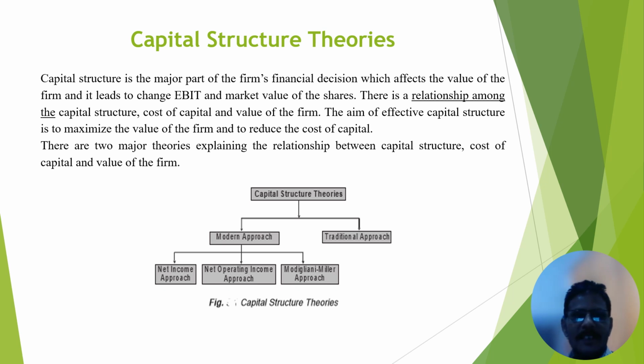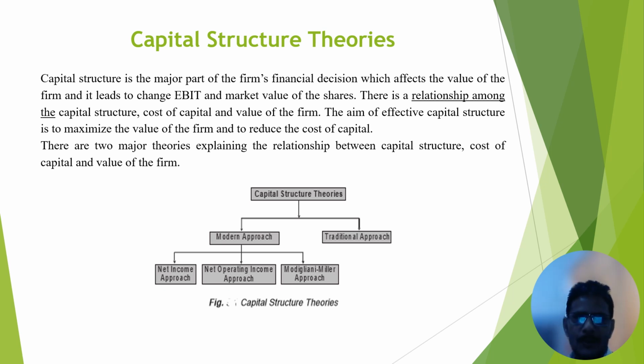Here we determine the relationship between capital structure, cost of capital and value of the firm. So the main aim of an effective capital structure is to maximize the value of the firm and reduce the overall cost of capital.